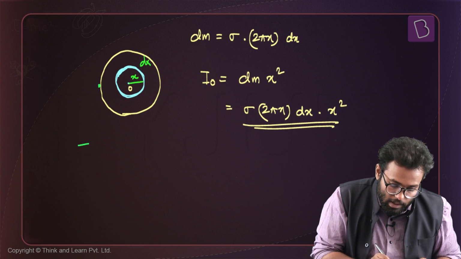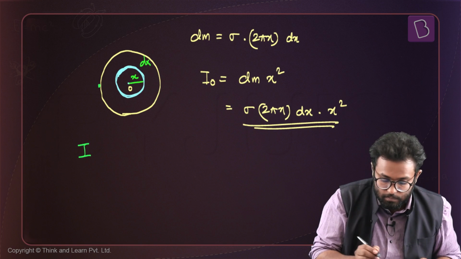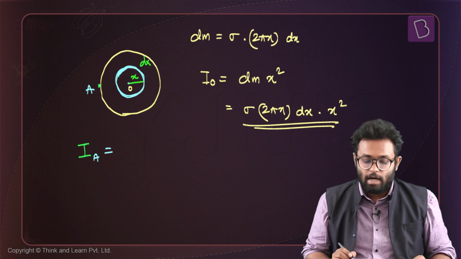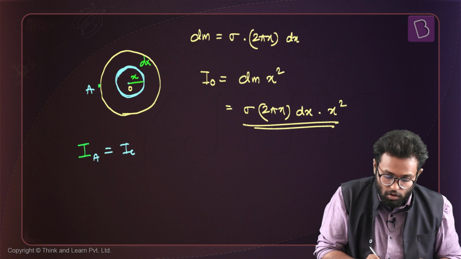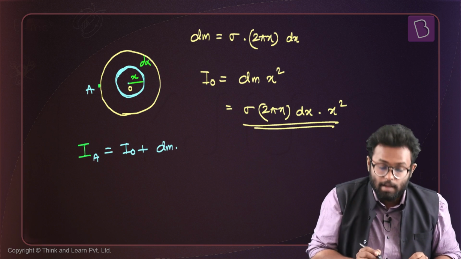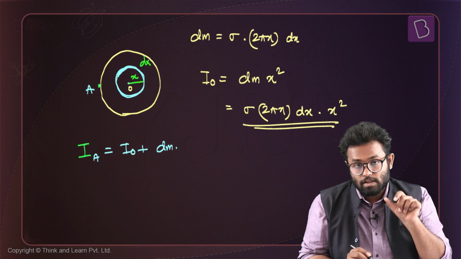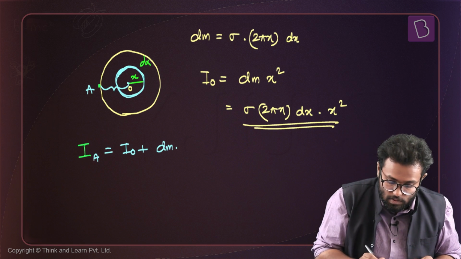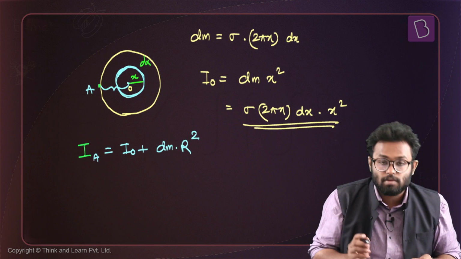So what would be my I? Let's call this some point A. So what would be I_A, right? That would be I naught plus the mass of the ring, which is dm, times r squared. R is the distance between the two axes. In this case, this is the distance, which is r. So dm times r squared, right?